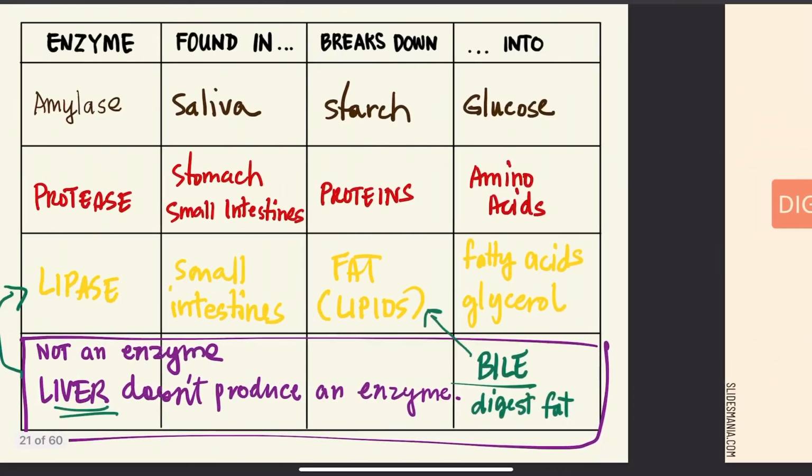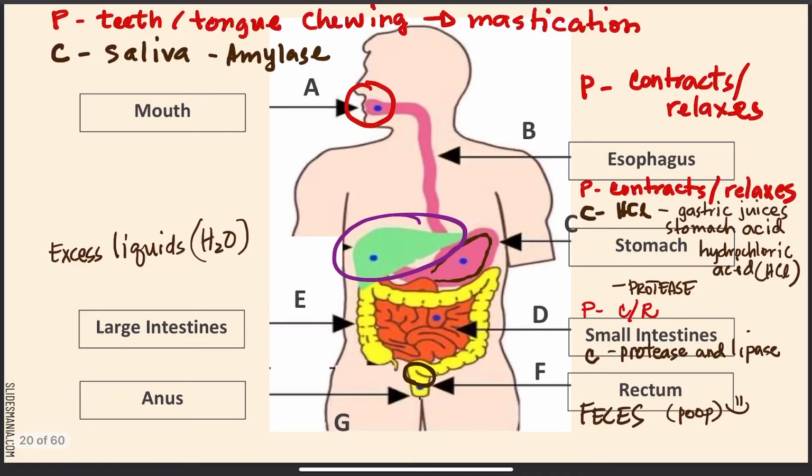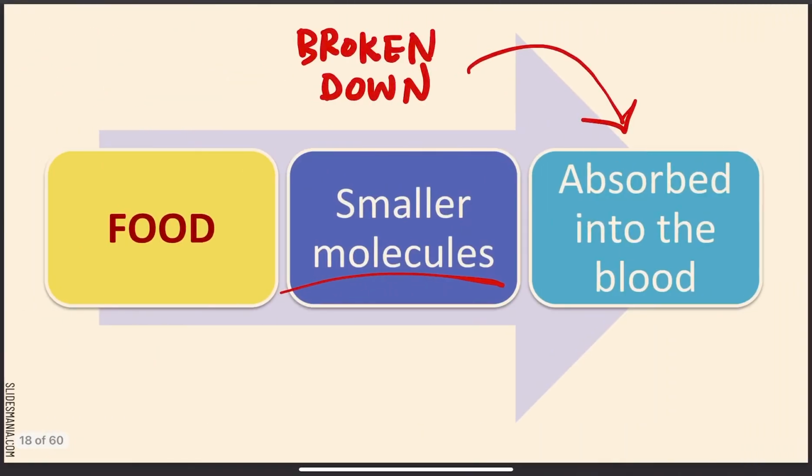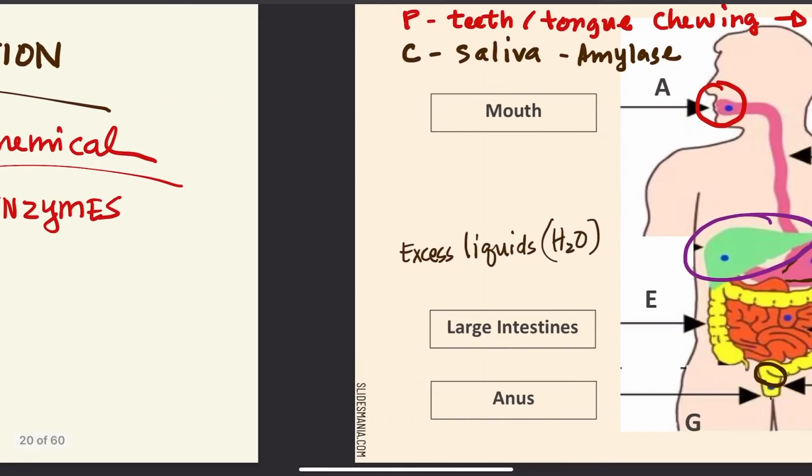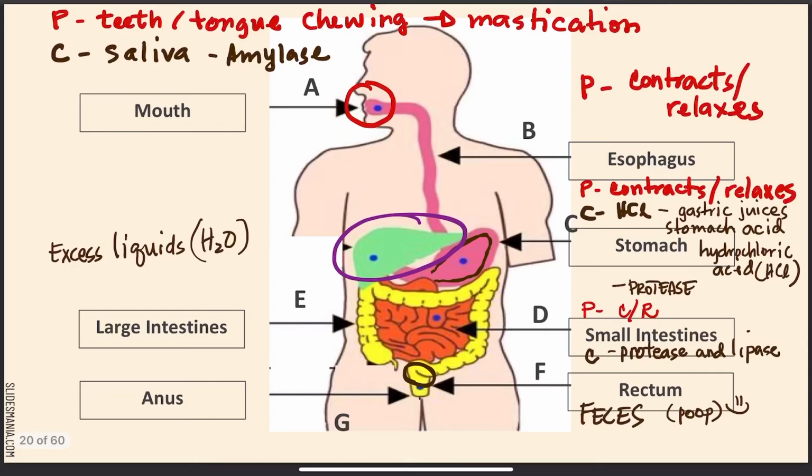So you know everything from what digestion is used for, to break down foods so that they can be absorbed into the blood. You know the two types of digestion, physical and chemical. You know the process where it starts in the mouth and where it ends in the anus and what happens in between.